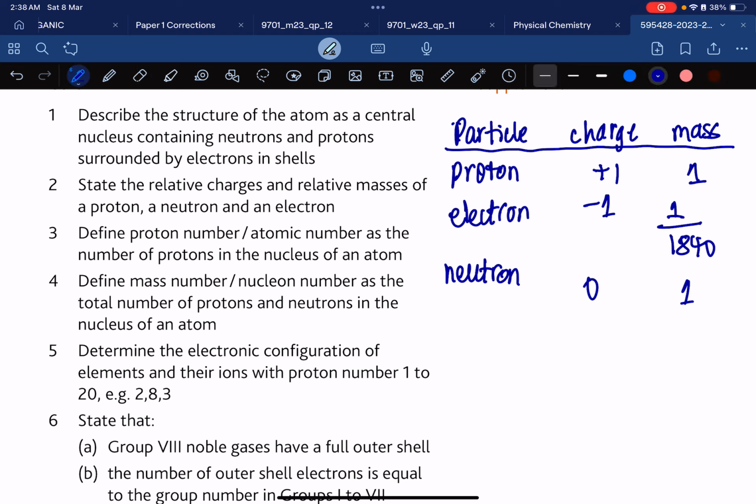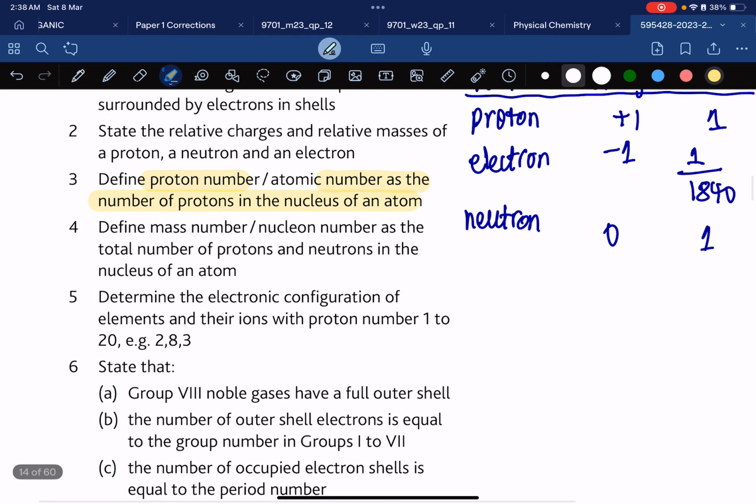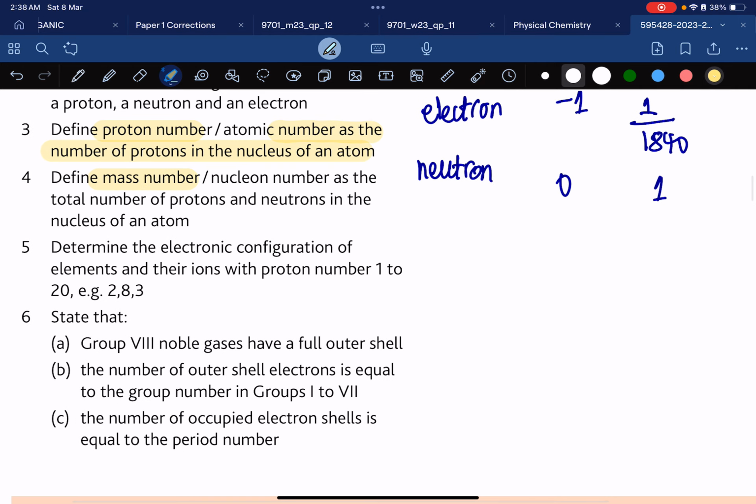Then define proton number as the number of protons in the nucleus of an atom, and mass number, or the nucleon number, as the total number of protons and neutrons in the nucleus of an atom. So basically this is how it works.